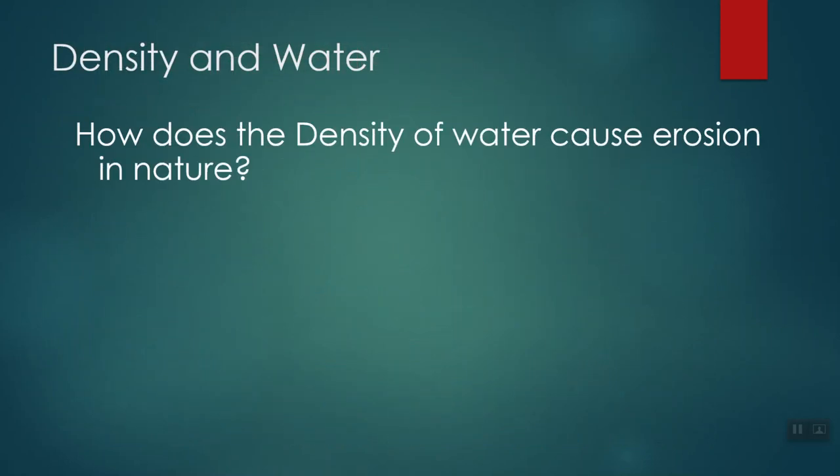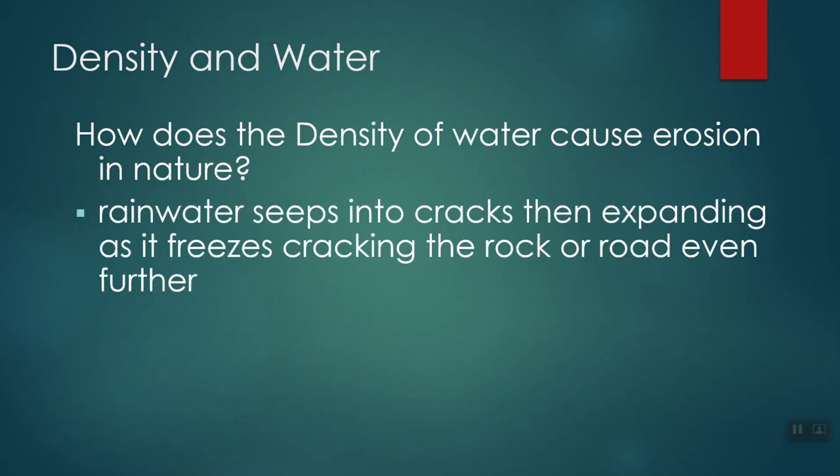How does the density of water cause erosion in nature? Well, think about it. Rainwater is going to seep into cracks when it's wintertime. Then, overnight, the water is going to freeze and expand out.